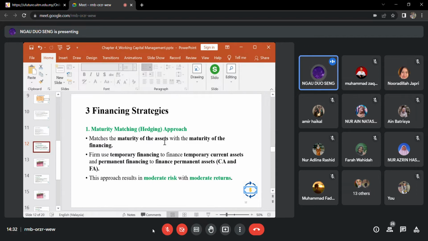So they need money to buy those products, and they will just borrow for 2 months. So they will match: temporary financing matches temporary current asset. For permanent financing, this one is long term. If they want to build a new shopping mall, they will finance for long term.